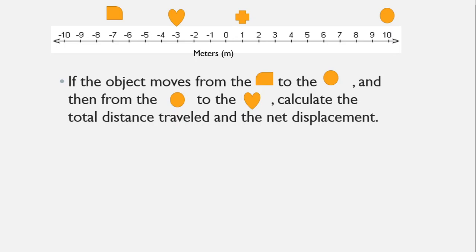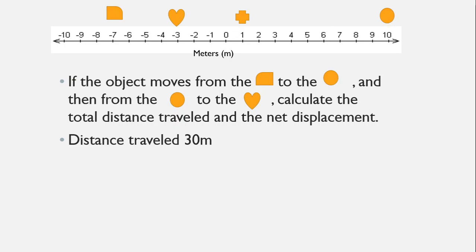If an object moves from the square to the circle, and then from circle to heart, calculate the total distance traveled and the net displacement. So the distance traveled is 30 meters. Okay, so let's look at that. You've got the -7 to 10.